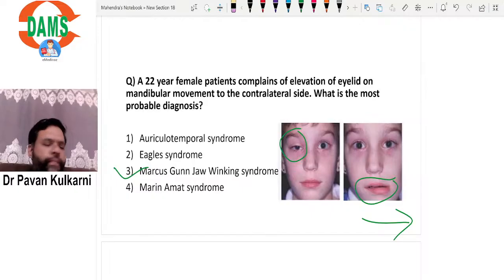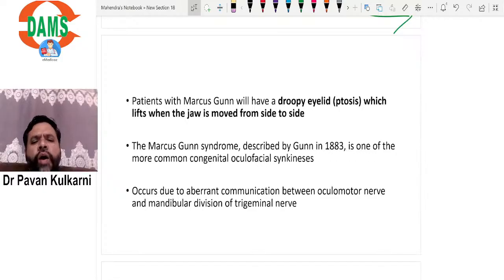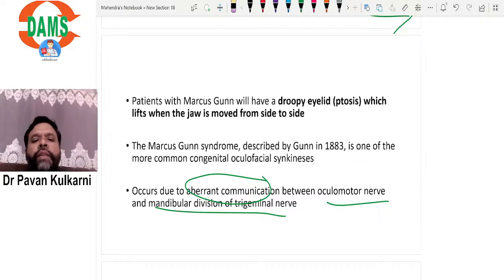Contralateral side. Why exactly does this occur? It occurs because of the aberrant communication between the oculomotor nerve and the mandibular division of the trigeminal nerve. We know the trigeminal nerve has three divisions: ophthalmic, maxillary, and mandibular.